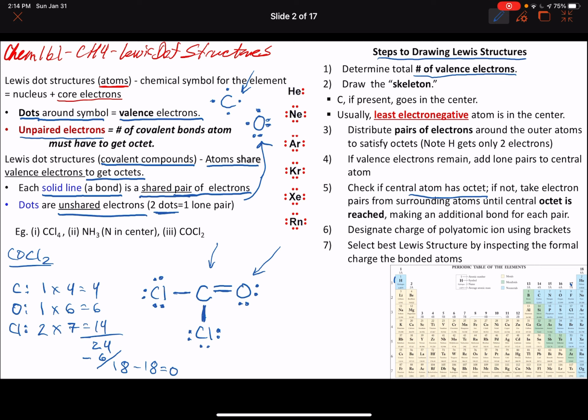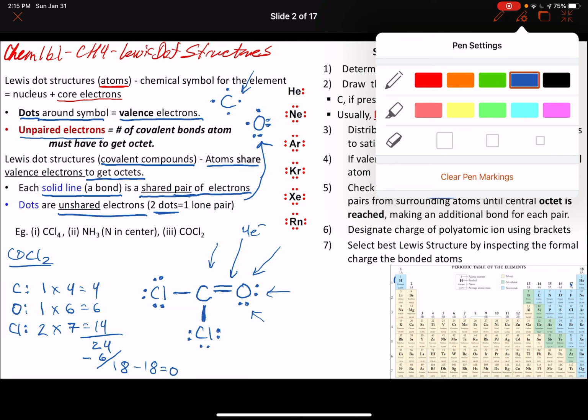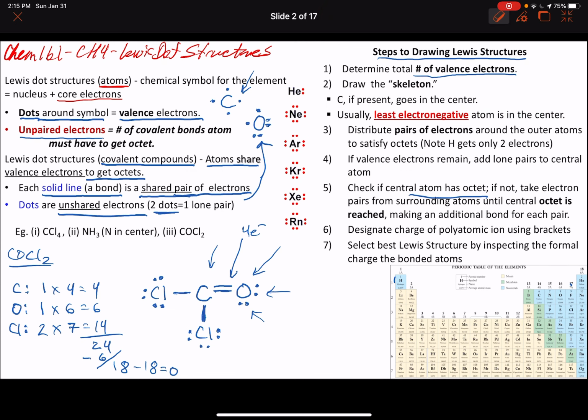Well, do we still have an octet at that oxygen? 2 lone pairs, 1, 2, and a double bond with 4 electrons in here. So we have, in fact, an octet at that oxygen as well. Okay, so this is the correct move to help us get that satisfied octet at that central carbon. Okay, and this is the correct Lewis structure.